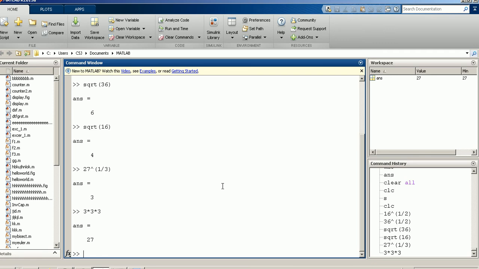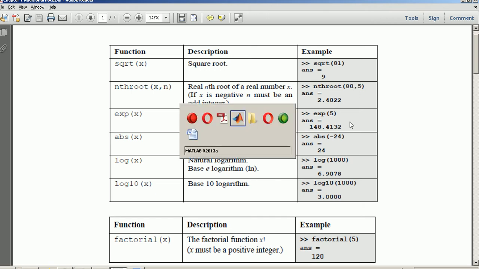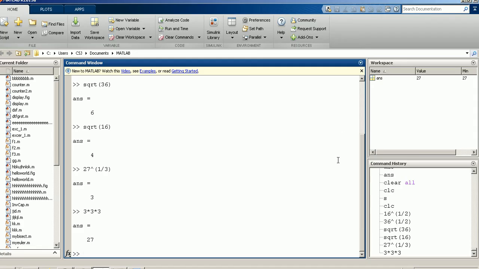What is the other way? The other way is mentioned in here. So nth root: you write the number and the number of the root, the power of the root. For example, if I want to find it this way, nth root of 27 and the root is 3.